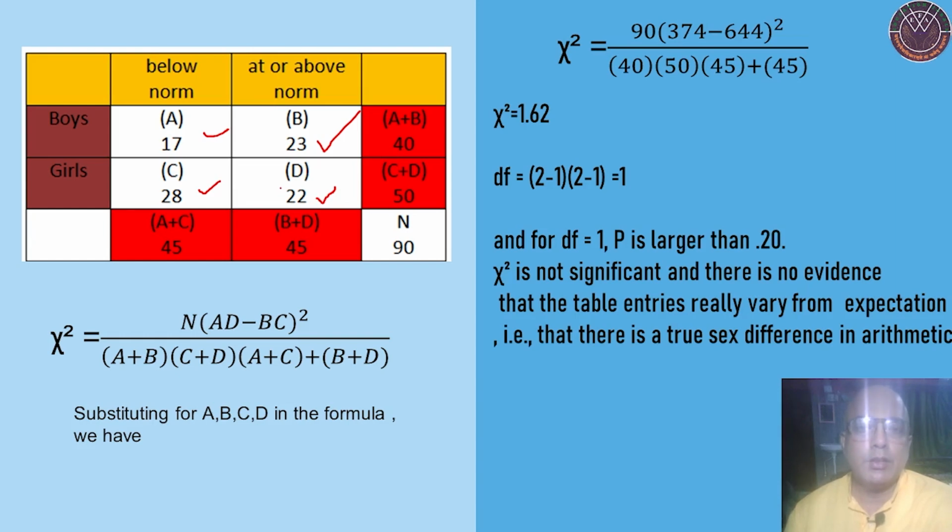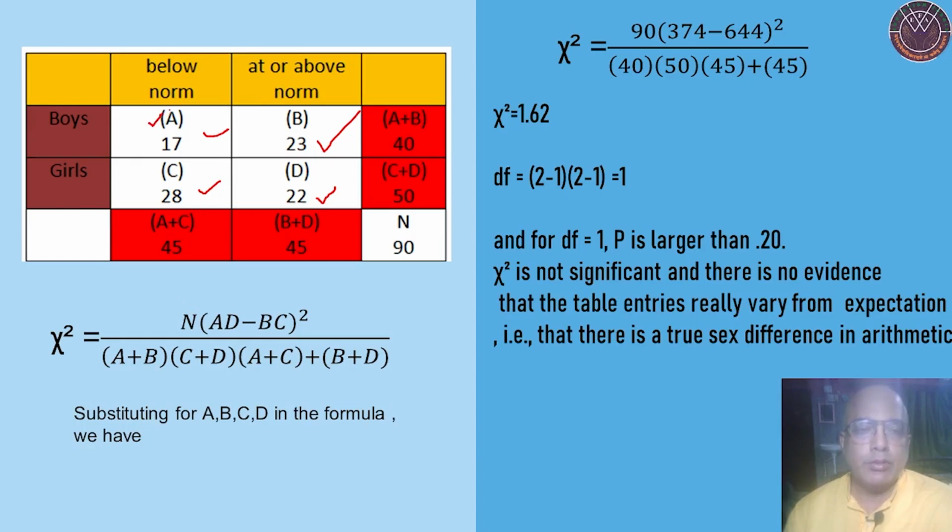In this case you are not finding the expected frequency, you only have to take care of the observed frequency. Whenever there is a 2 by 2 situation, in that type of case you use this chi-square formula.